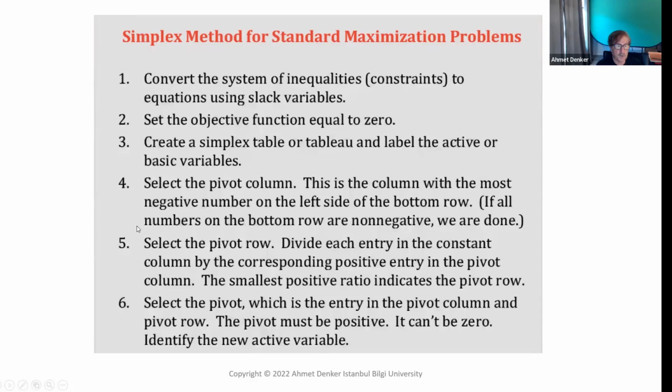If all the numbers on the bottom row of the tableau are non-negative, then we are done. We found the optimal solution. Then we select the pivot row. We will see how we select these. And at the intersection of the pivot column and pivot row lies the pivot value.